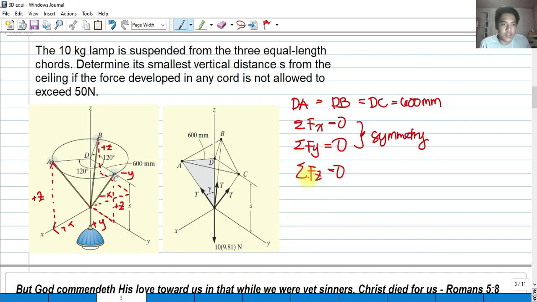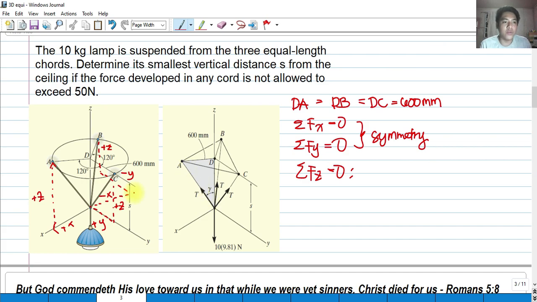So in Fz, it is still equal to 0, but we need to write the equation. Considering the free body diagram here, we have tension T, tension T, tension T, and they are all the same because they have equal length and they are symmetrical. We have an angle gamma here, and a distance of 600 millimeters from A to D, same with B to D, same with D to C, which are all 600 millimeters. This gamma is the same angle for the three tensions.